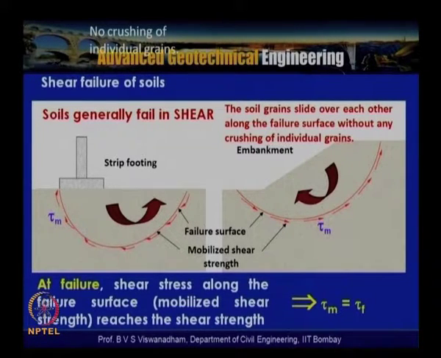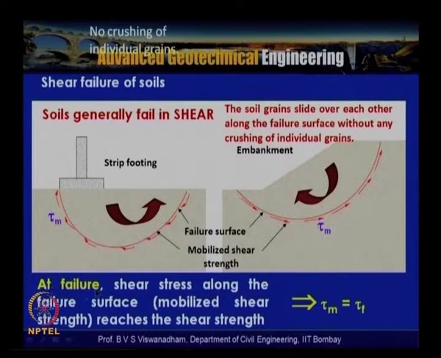At failure, the shear stress along the failure surface, that is the mobilized shear strength, reaches the shear strength of the material. So tau m is equal to tau f, which means failure inception takes place.